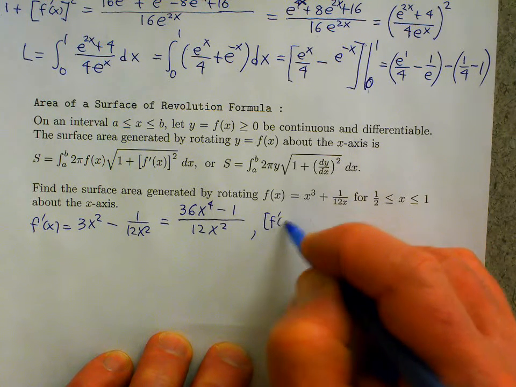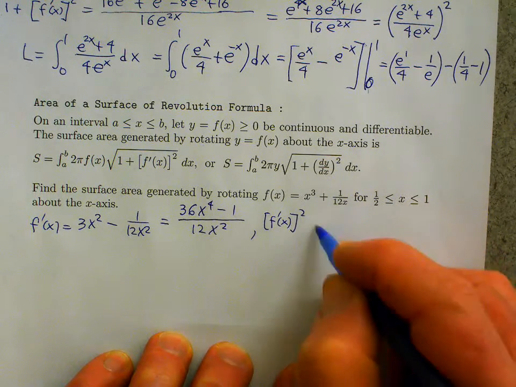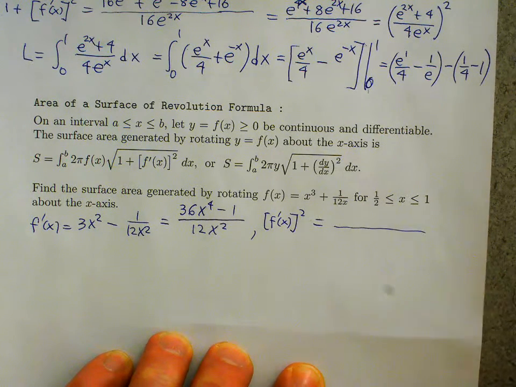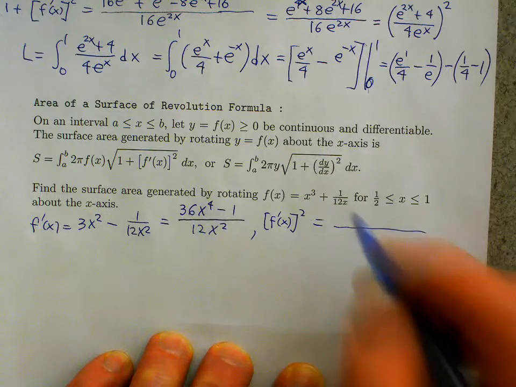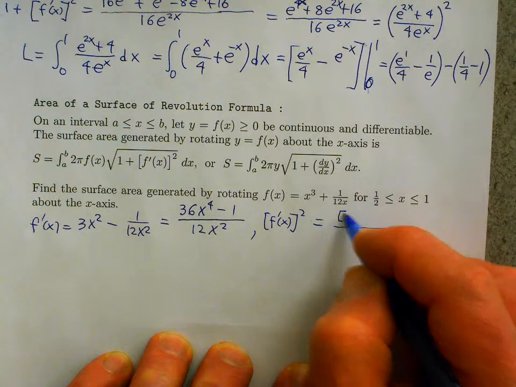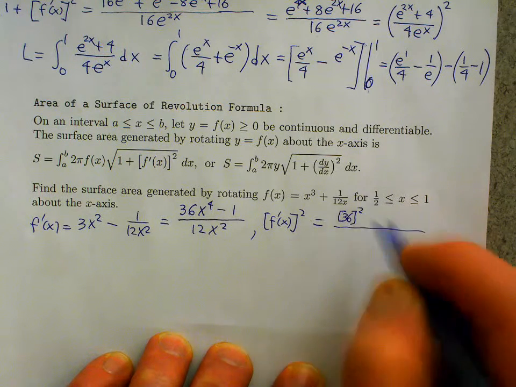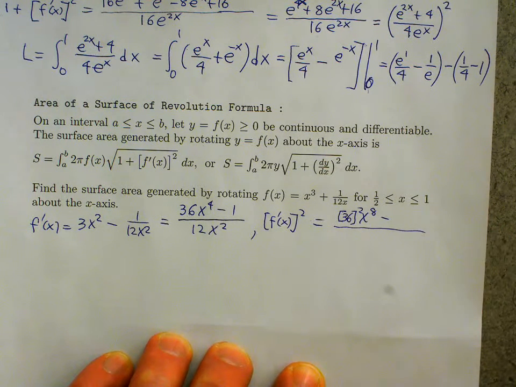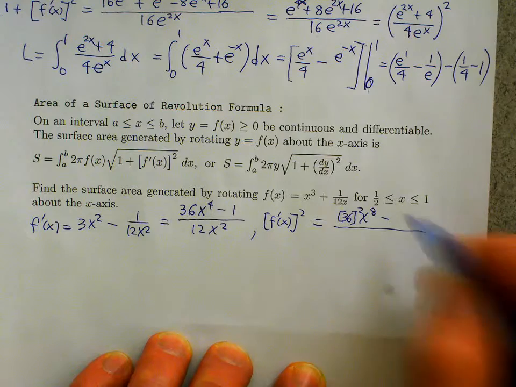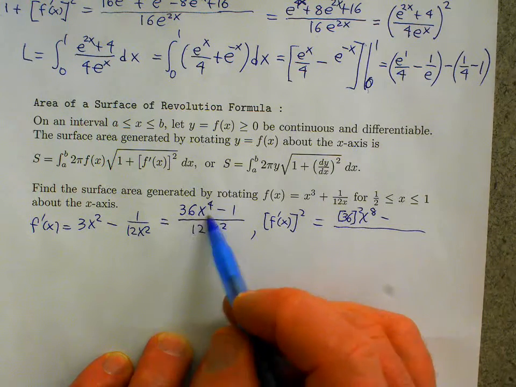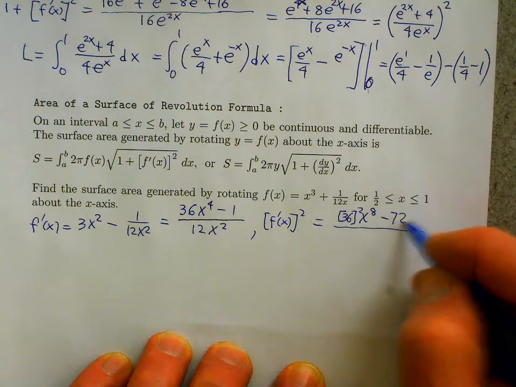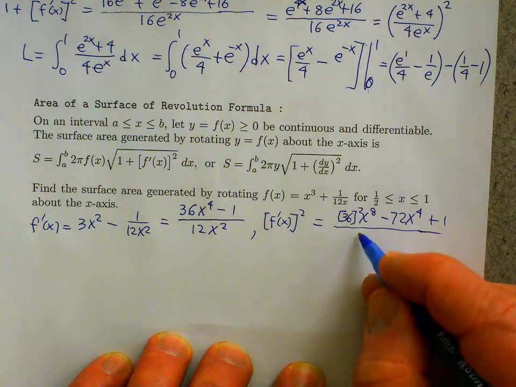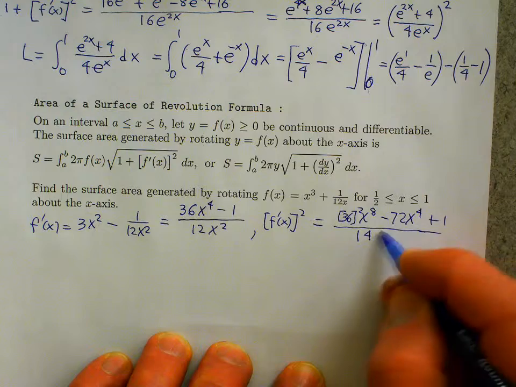So f prime of x squared, so I'll just leave this as 36 squared x to the 8th minus 2 times 36 times x to the 4th, or minus 72 x to the 4th, and then plus 1 divided by 144 x to the 4th.